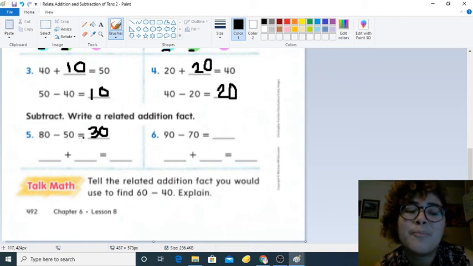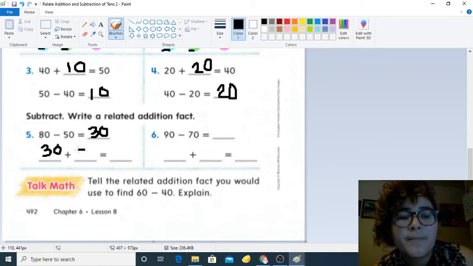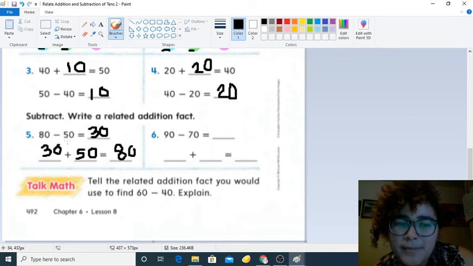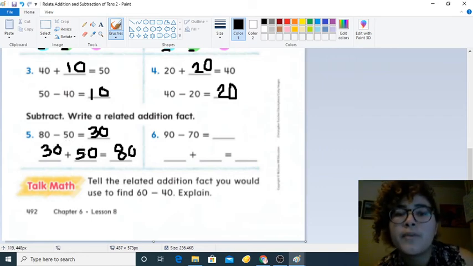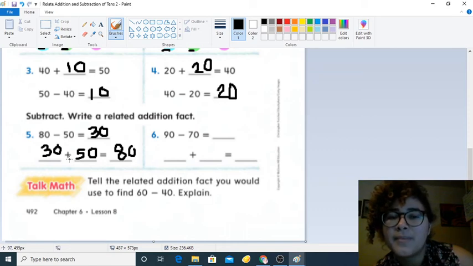So we could put 30 first, since that was the last one we worked with. Then we put 50. And finally, we put that 30 plus 50 is 80. But if you wanted to put 50 plus 30, you still would have gotten the same result. If you really look at it, it's kind of like we went backwards and then we added the plus sign.